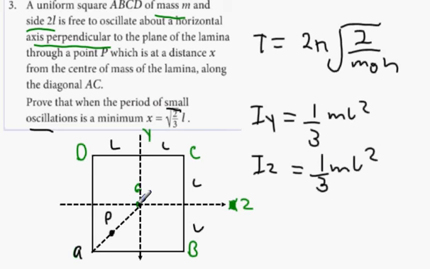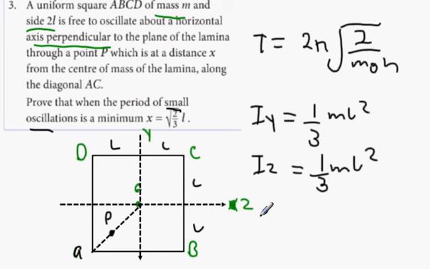Now if I was rotating it around its center, this here is this rotation. The third ml squared is this rotation here. We don't want that, we want it this way. We're going to have to do the perpendicular axis theorem.